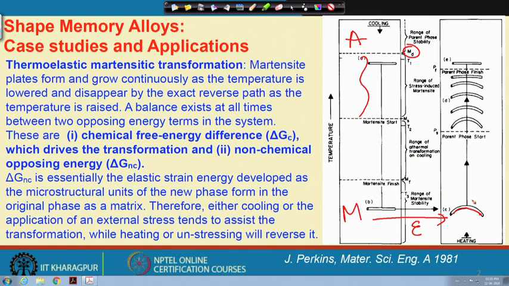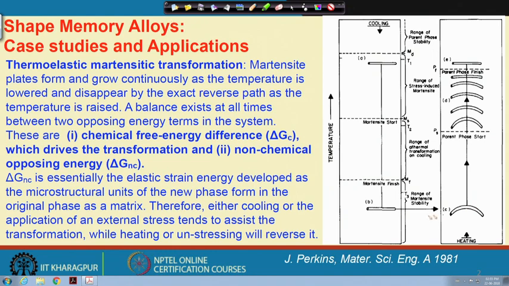Okay. And then once we raise the temperature, here this is the temperature axis, the parent phase, meaning austenite, starts forming, and the austenite will complete the whole transformation, meaning all the martensite will be transformed into austenite, and here we will get the original shape as it was.